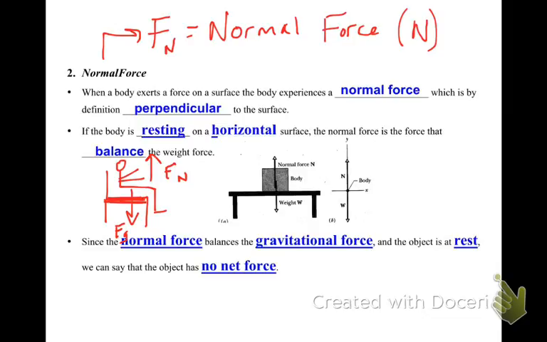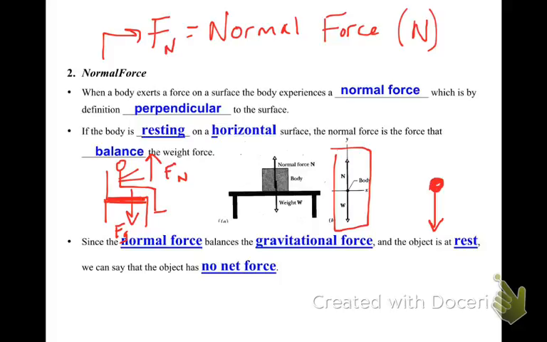Now, if a body is resting on a horizontal surface, the normal force is such that it balances the weight force. So if we take a look at our free body diagram. Now, what is a free body diagram? A free body diagram depicts accurately the directions in which forces or vectors will point. So we have a dot that depicts our object, and then we've got our forces represented in our free body diagram here.